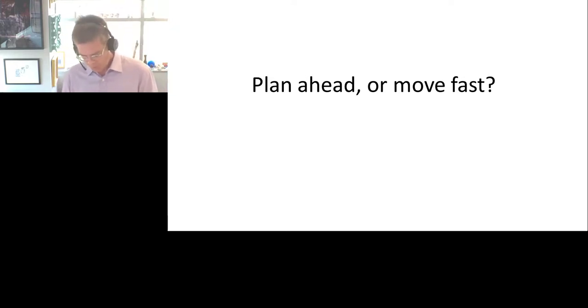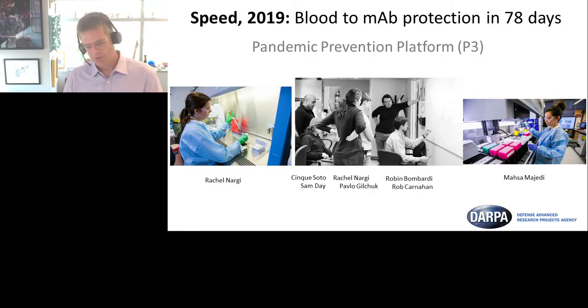We were challenged about 3 or so years ago to develop much speedier platforms by our participation in what is called the Pandemic Prevention Platform, or P3 program, which was really a grant call that was subsequently funded by DARPA, which is the Defense Advanced Research Projects Agency. And this agency of the U.S.